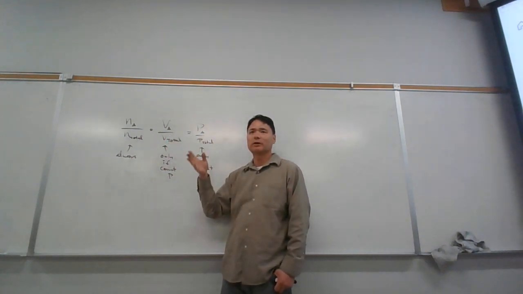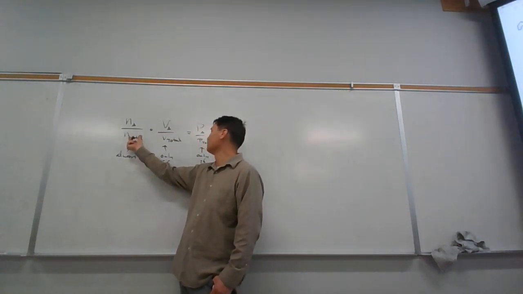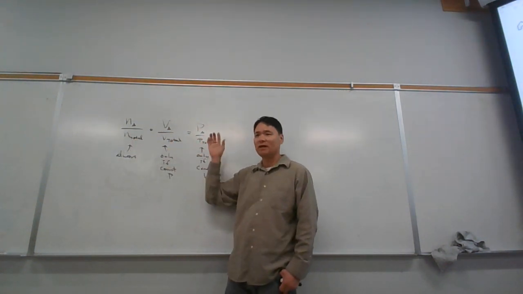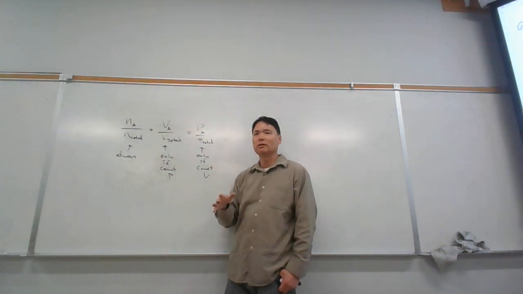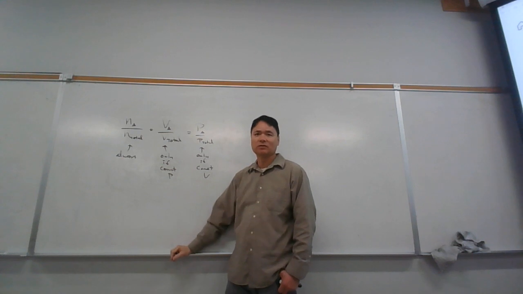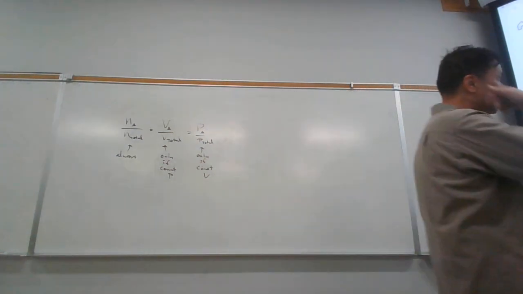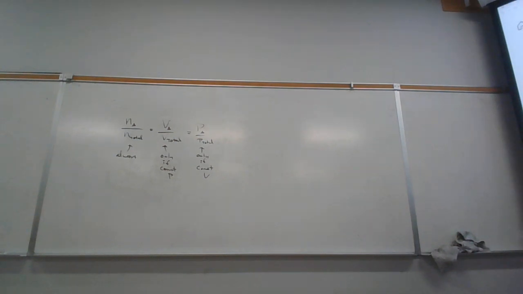The pressure would be the full pressure. Or I could say the mole fraction of nitrogen is 78%, and the pressure must be 78% of the total. But the volume has to be 100% of the total. So we just have to be careful because people get those mixed up all the time.